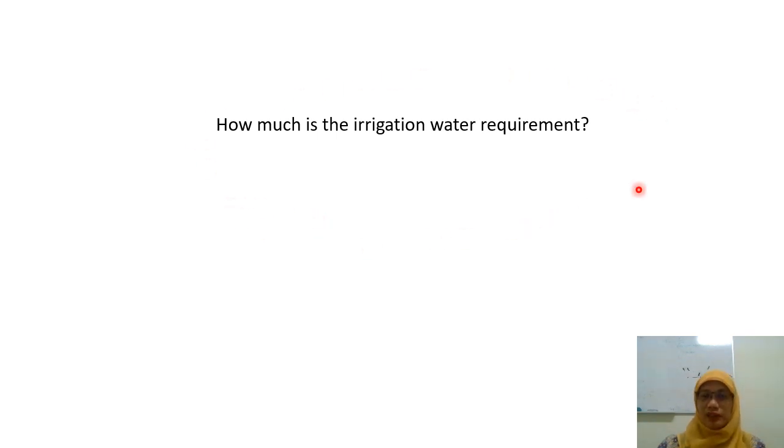The irrigation infrastructure has to supply the water requirement in the field, so it has to flow this much water. Especially, first we have to calculate the canal, and then the other infrastructure depends on the canal.